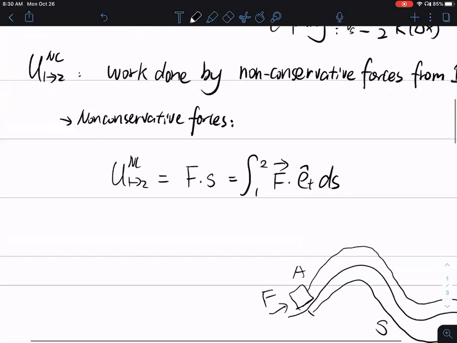Okay, now let's talk about what is non-conservative force. That's a kind of weird concept. What do you mean non-conservative force or conservative force? But that's something you have to take note of, remember, and memorize. In this course, the non-conservative force in this chapter is friction force.